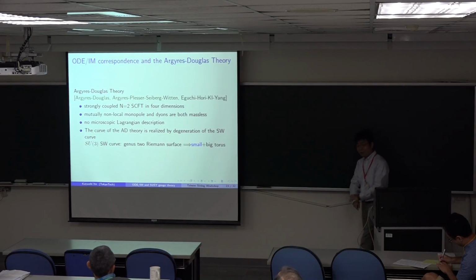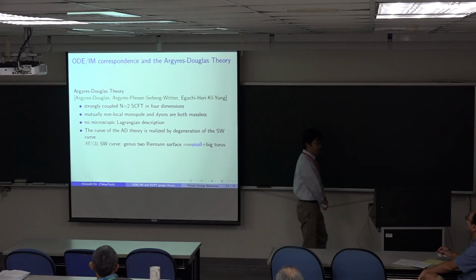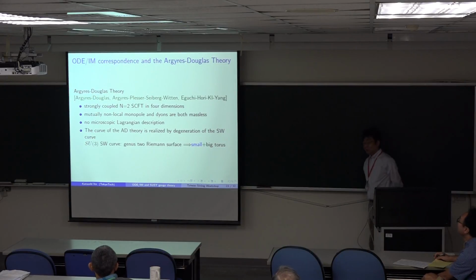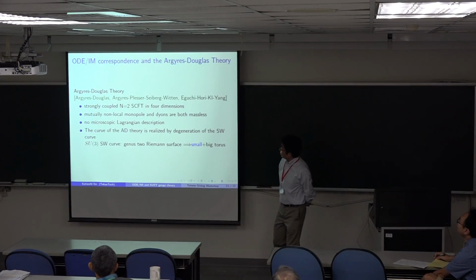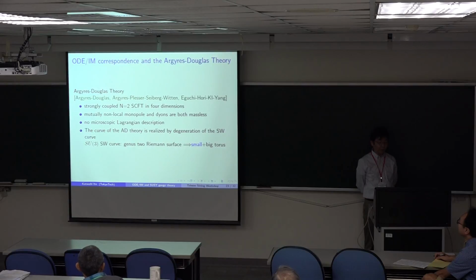So in the remaining time, I will talk about the ODE/IM correspondence and the relation to Argyres-Douglas theory. Argyres-Douglas theory is a kind of strongly coupled N=2 superconformal theory and is very important.